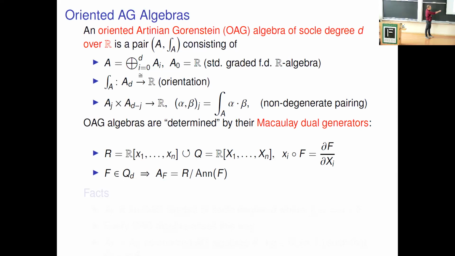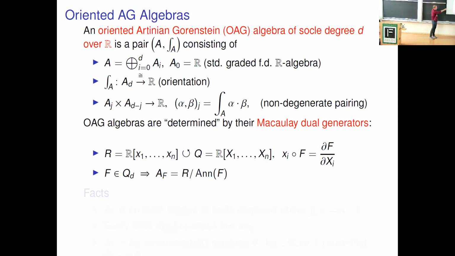Take R to be the polynomial ring in n variables, and take Q to be another copy of the polynomial ring in n variables, but I'll distinguish them by using lowercase letters for R and uppercase letters for Q. I want to declare that R acts on Q, the lowercase letters act on the uppercase letters, by partial differentiation. So you should think of R as the ring of polynomial partial differential operators.